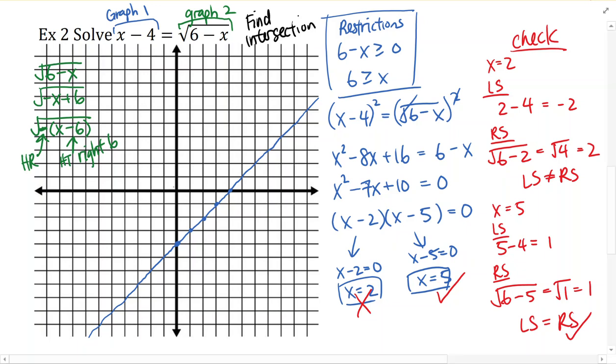I'm just going to graph this one as a reference. Our point has reflected, so we have a graph that's going to go this way, and then we move to the right 6. So we're going to start at 6, and then go this way.